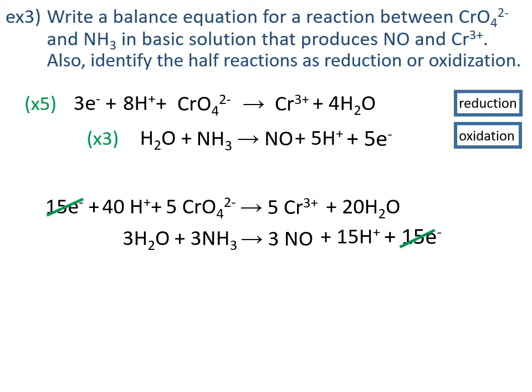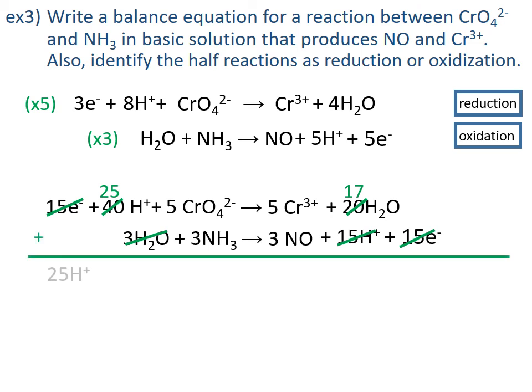I have 40 H pluses and 15 H pluses, so I will take 15 H pluses away from either side. So that will leave me with 25 on the left and none on the right. I have 3 water molecules on the left and 20 on the right, so I will take 3 water molecules away from either side, which will leave me with no water on the left and 17 water molecules on the right.